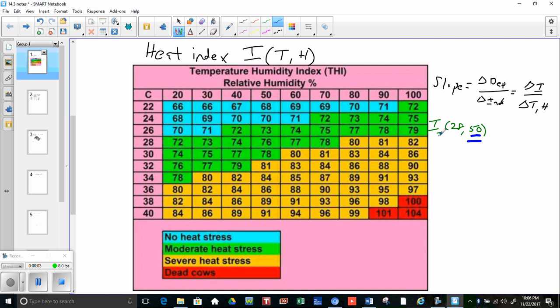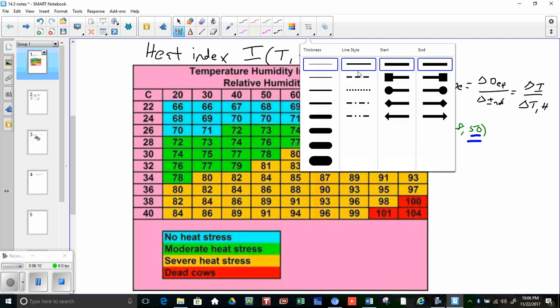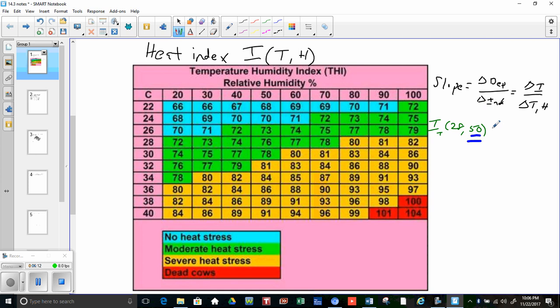That's what this is saying. So this little sub t, that's what that means. This is going to be the derivative with respect to t while holding humidity constant.